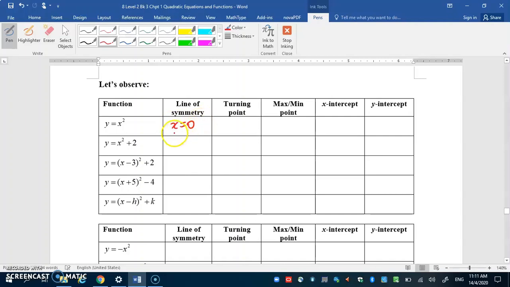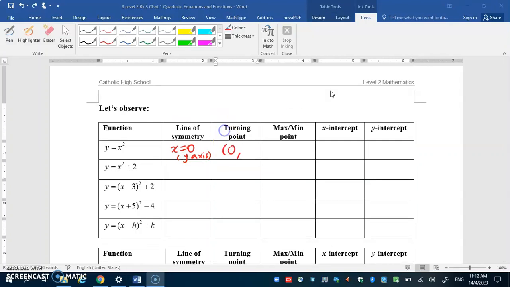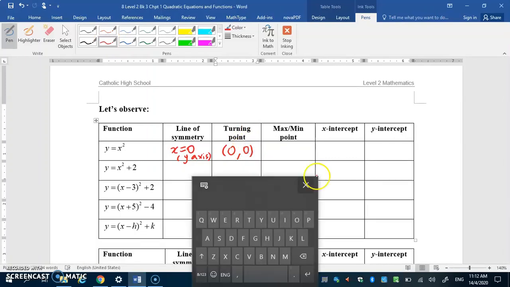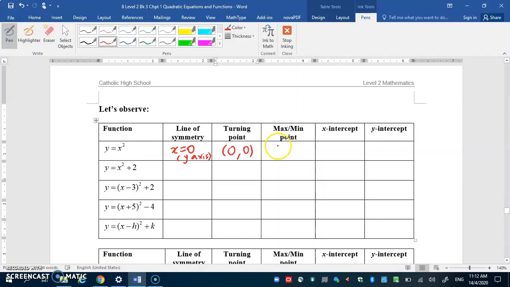This is the equation of the y-axis. So the turning point, as we found out just now, is the point 0, 0, the origin. So the turning point is 0, 0, and that's also the minimum point.